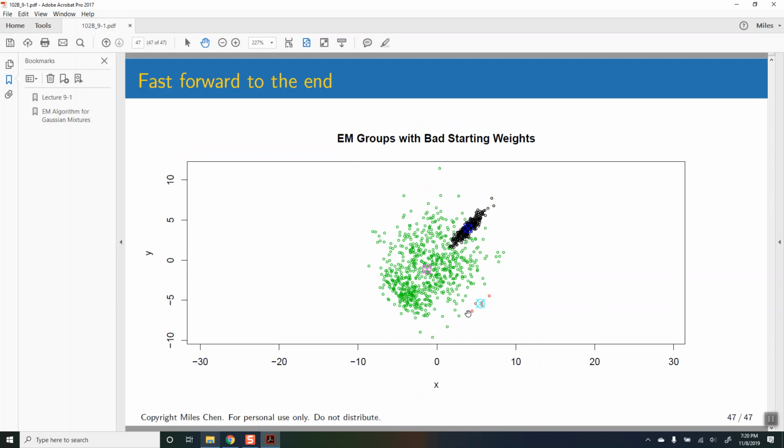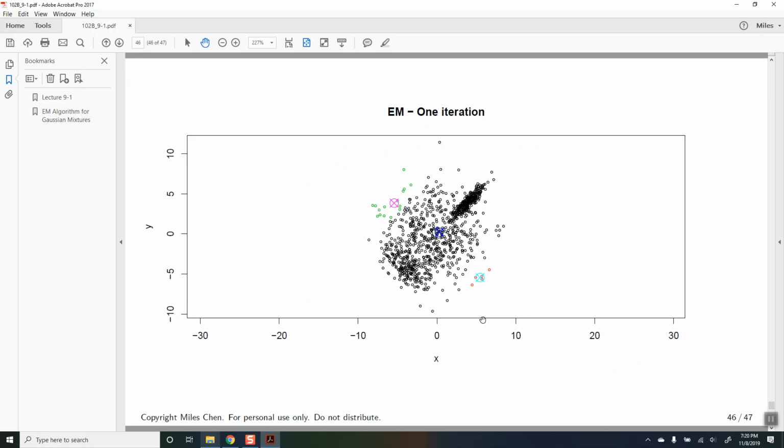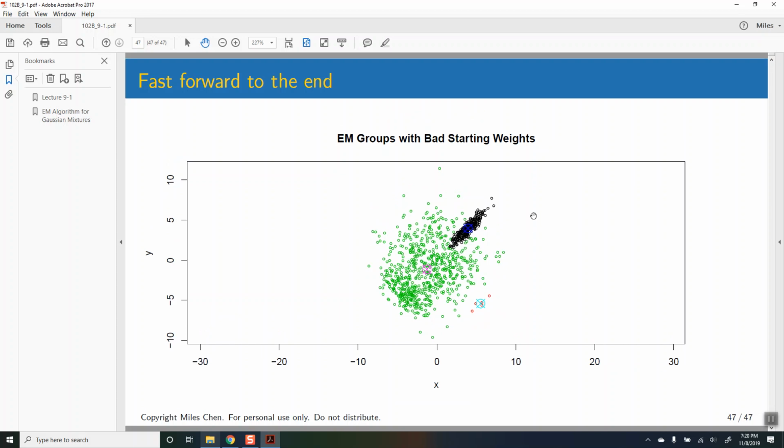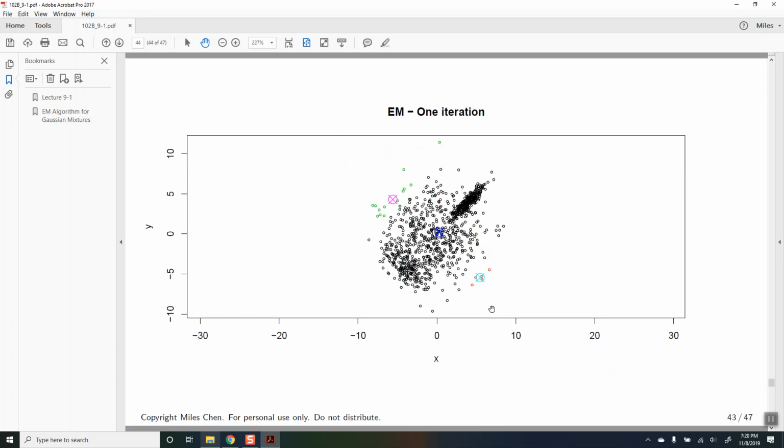It ended up being stable on its own out here. So sometimes you can end up with the wrong thing as well. This one ended up stable over here, whereas the other one pretty much got it right over here.